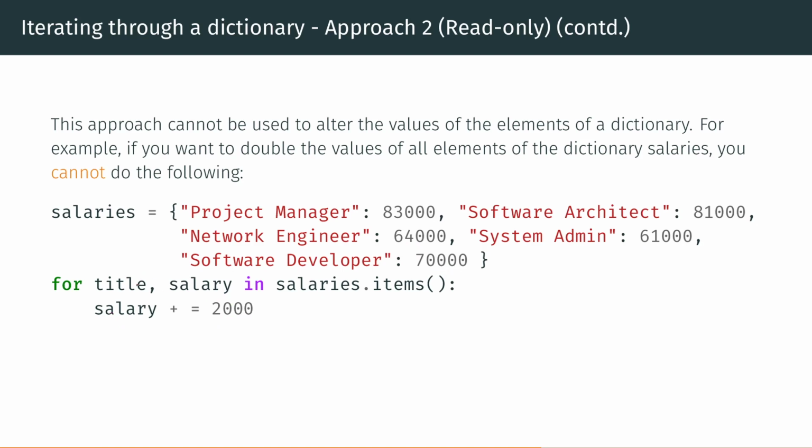If you do for title, salary in salaries.items, and then salaries square bracket title plus equals 2,000, then it's fine. Then it will change all these. But you have to use the square bracket notation in order to do this.